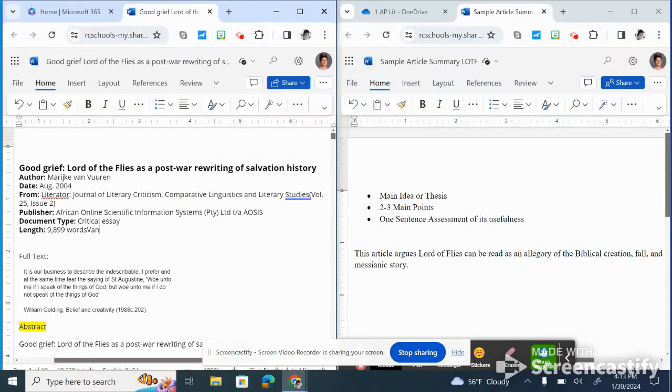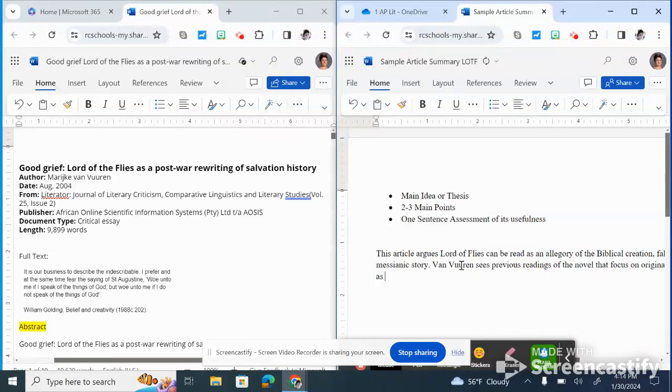I'm going to say Van Buren sees previous readings of the novel, let's keep it short, that focus on original sin only as leaving out key elements.